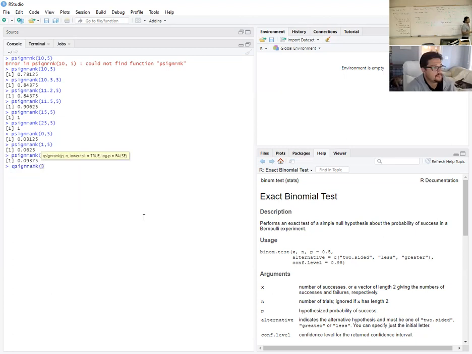qsignrank is going to give us the quantile. And once again, by default, lower tail is true. We always look at the probability below the quantile.